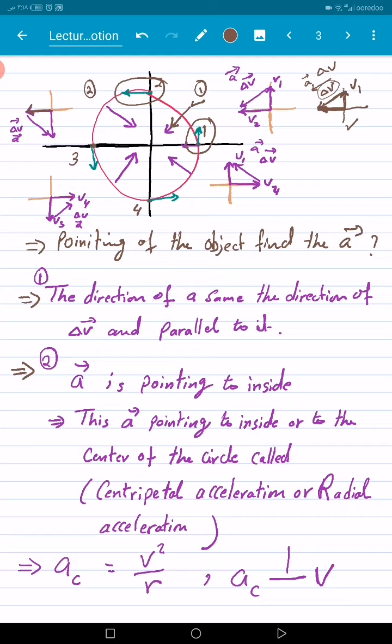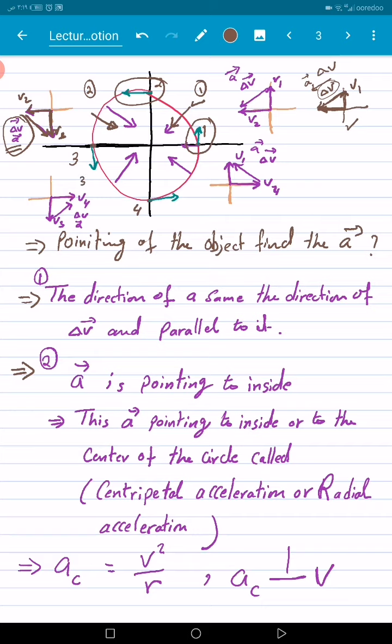V3 is in minus J hat. So that is V3, that is V2. Where is delta V? Head to head, the direction of the resultant to the final. So that is delta V. And the acceleration is parallel to delta V. So that is acceleration 2.